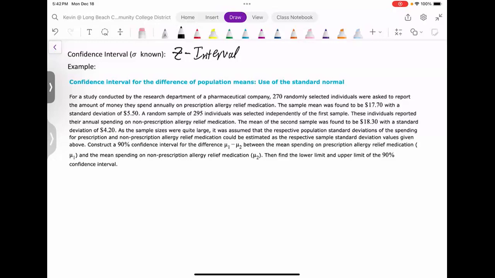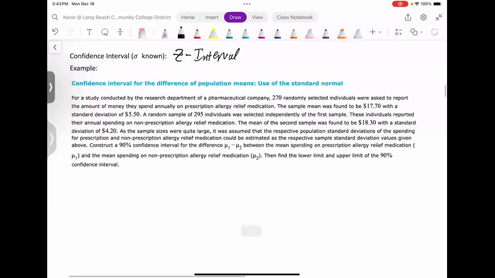The mean of the second sample was $18.30 with a standard deviation of $4.20. As the sample sizes were quite large, it is assumed that the respective population standard deviations of the spending for prescription and non-prescription allergy relief medicine can be estimated with the sample standard deviation values given. We're going to construct a 90% confidence interval for the difference of mu1 and mu2.